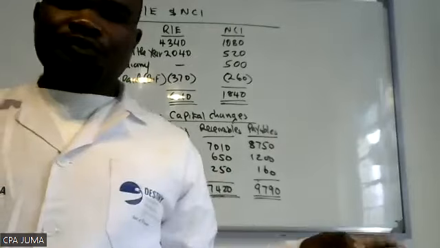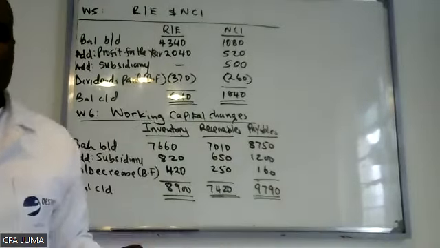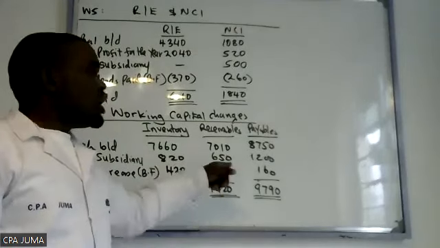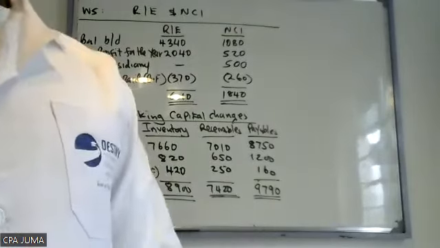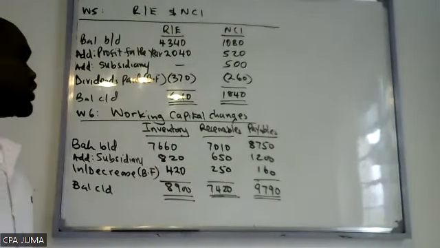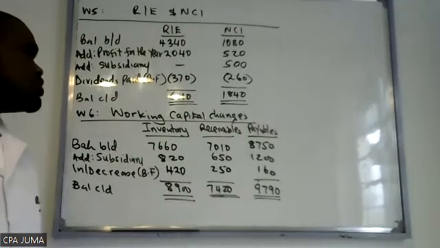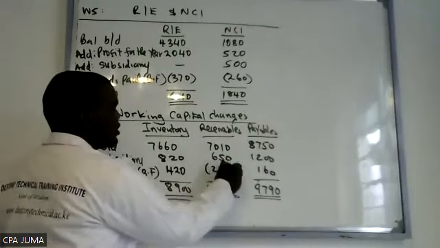The last two, increase or decrease? This one I've seen is an increase. How about the last two? This one is a decrease because it is 76. So this is a decrease.